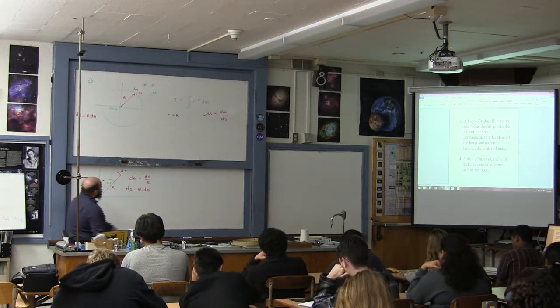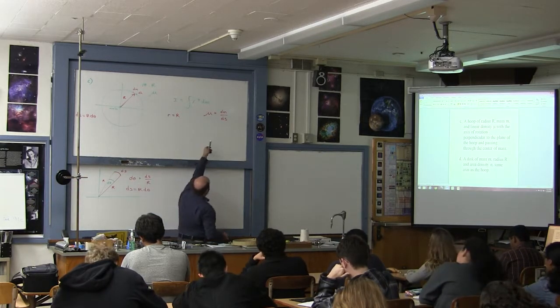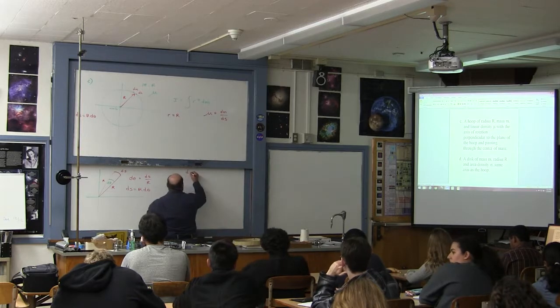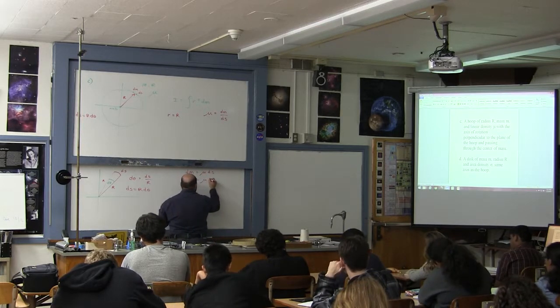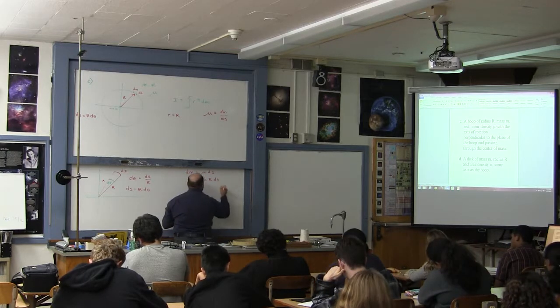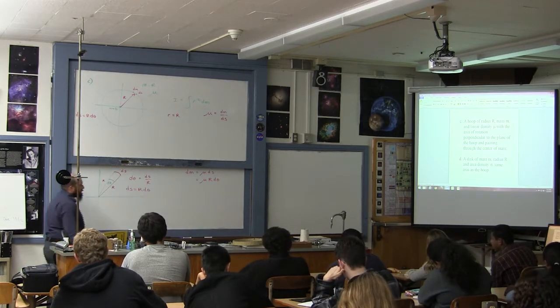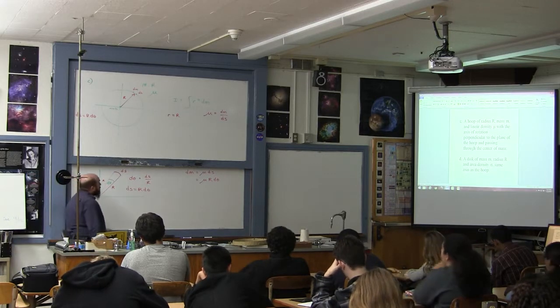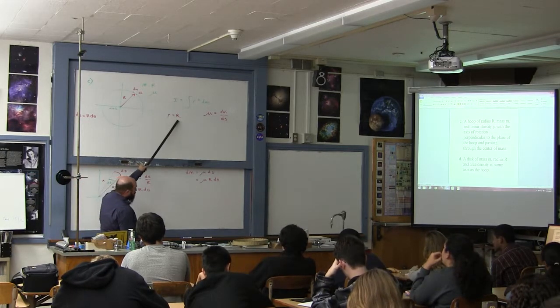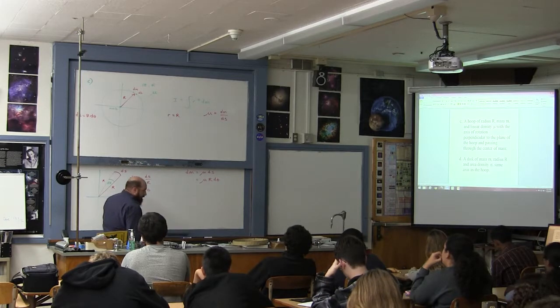Okay, so then over here is my density mu. The mass is equal to the density times the length. It's equal to the density times the radius times the angle. So that's the second thing that I need. I've got the two things I need. I've got little r, which is just capital R, the radius of the hoop, and then I've got this for the dm.